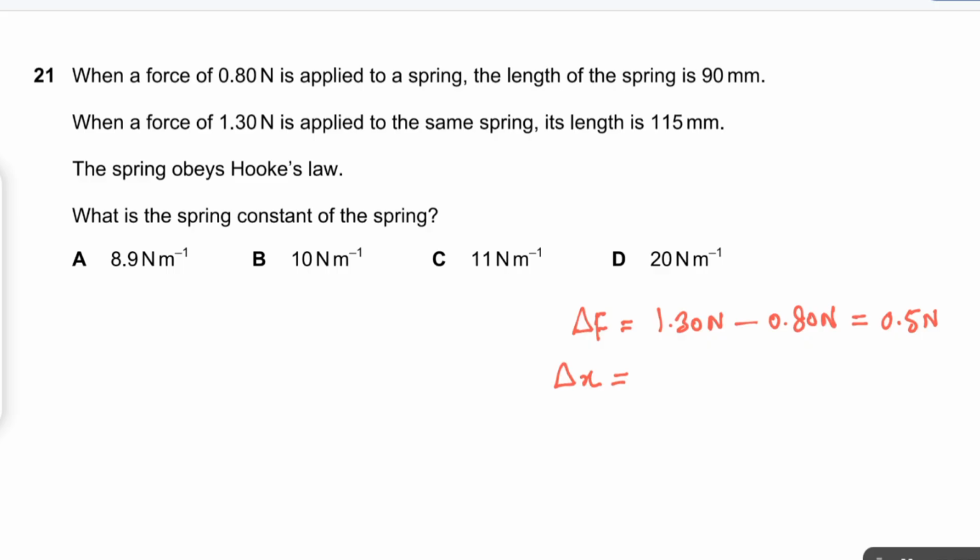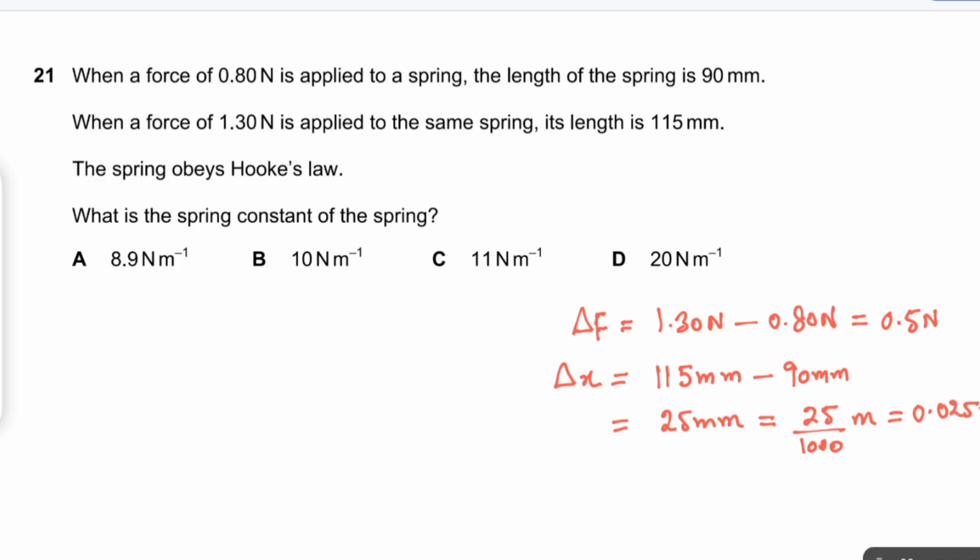The next time extension is 115 millimeter minus the initial extension, 90 millimeter. That is 25 mm. Now we will convert it into meter. This is 25 divided by 1000. It will become 0.025 meter.